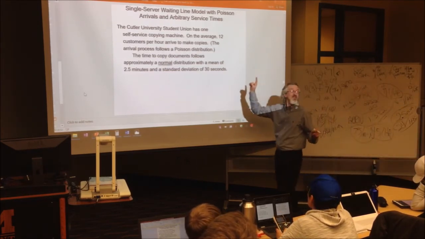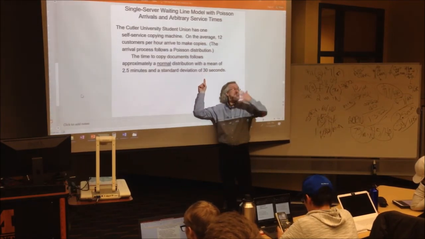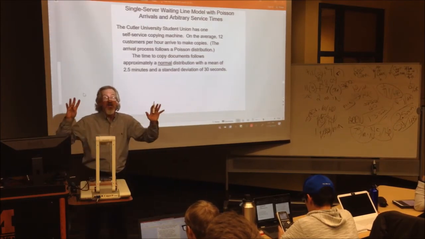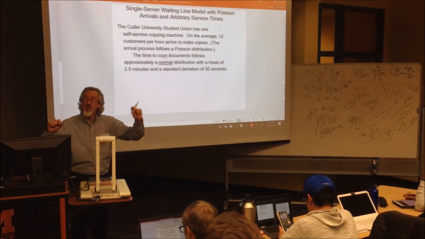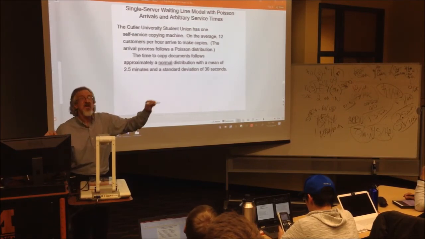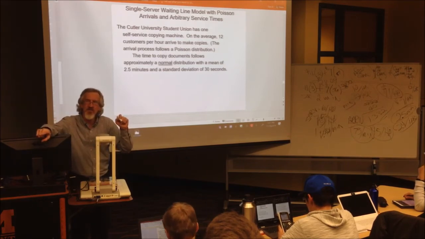Now here's the deal. This has to stay in time. It's always given to you in time, and it needs to stay in time. Whatever you're using for the arrival per time and the service per time, the standard deviation has to be in that time interval. Everybody understand what I meant?